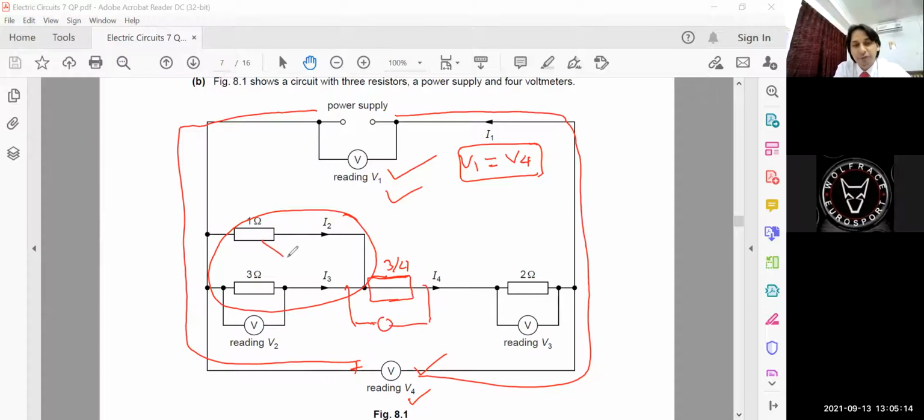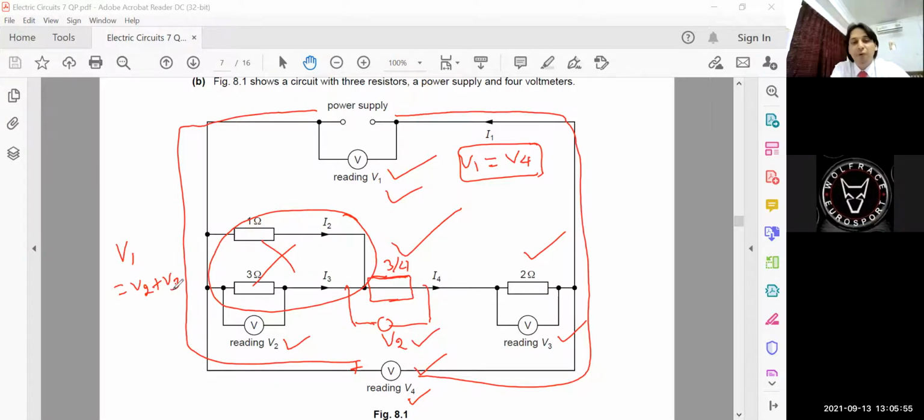I have taken a combined resistance which is 3/4, and across this we have a voltmeter which reads V2. Now this 3/4 resistor and the 2 ohm resistor are in series. And we know in series that the voltmeter reading V2 is different from V3. So V2 may be greater than V3 or V3 greater than V2. They're not equal. But I can understand that surely V1 is equal to the sum of V2 plus V3.